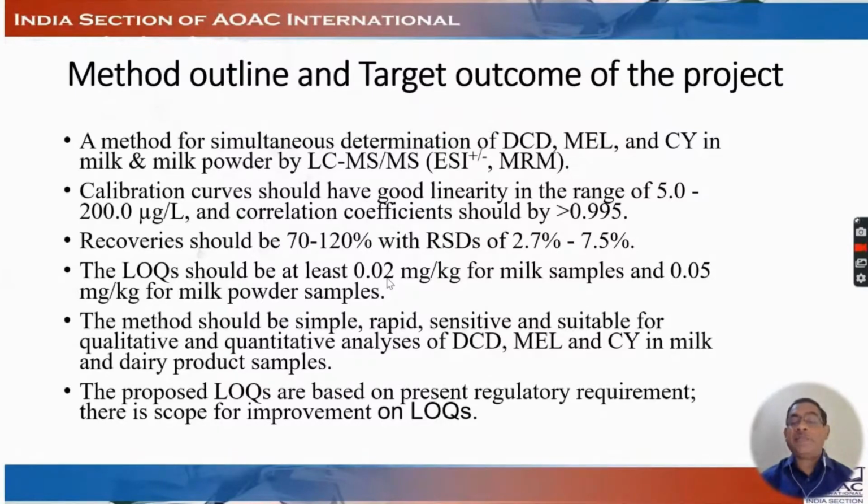Because unless the method is simple, rapid, and practical for regulatory compliance, it will not be accepted. And a routine testing laboratory expects that the method should not be complicated. The proposed LOQs are based on the present regulatory requirement. I've already mentioned that, but there is definite scope to improve the LOQs so that in future, if there is a change in the regulatory limit, the method should also be applicable.